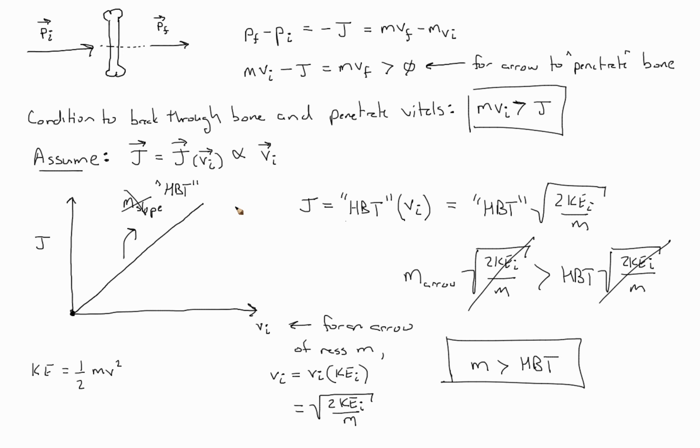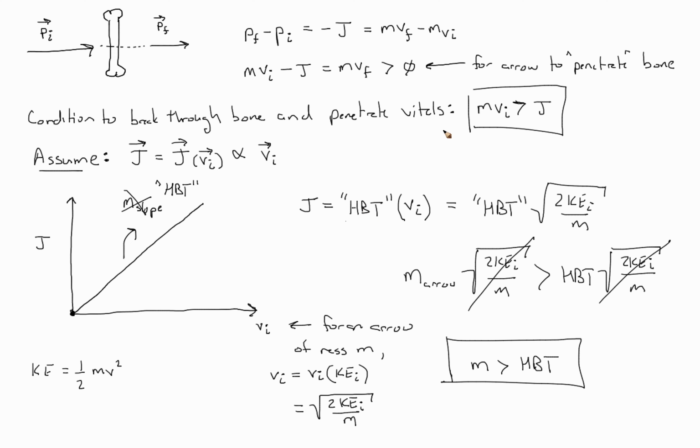This is saying this is true for a specific circumstance. This number would actually change with the same animal, depending on where you hit it. So this is not something where you could say such and such is the heavy bone threshold for every single instance that you might encounter. No, you would have a distribution.